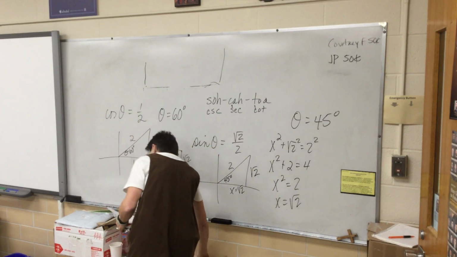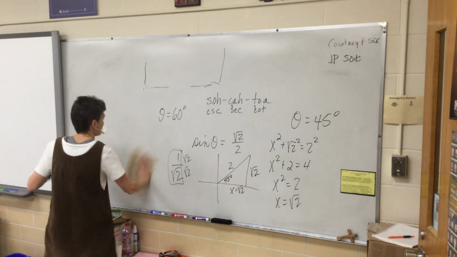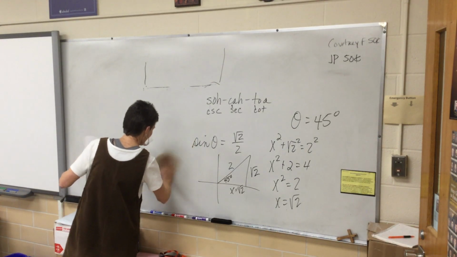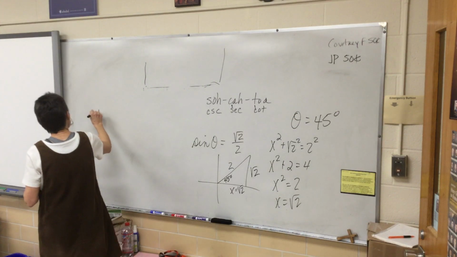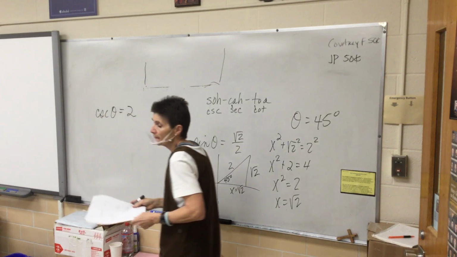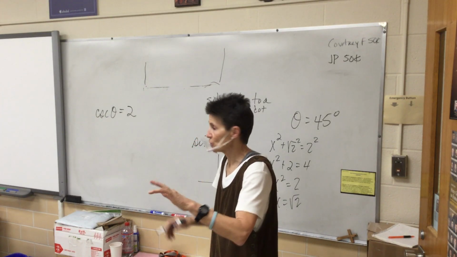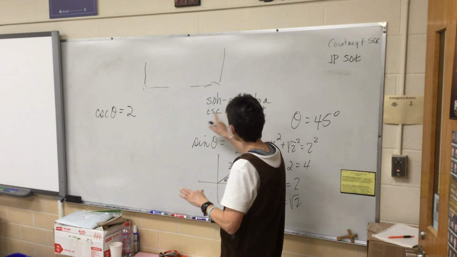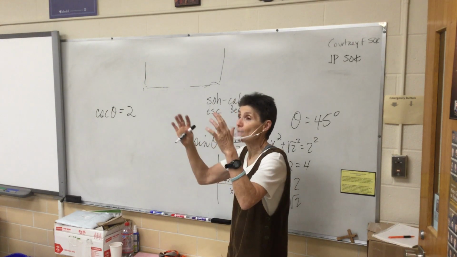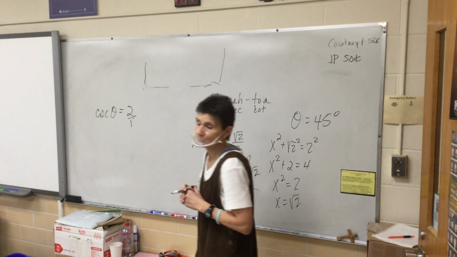All right, C. Here we go. C says we have a cosecant that is 2. Now, all of the trig functions, all 6 of them, sine, cosine, tangent, cosecant, secant, cotangent, are fractions. So I'm going to think of this as 2 over 1.